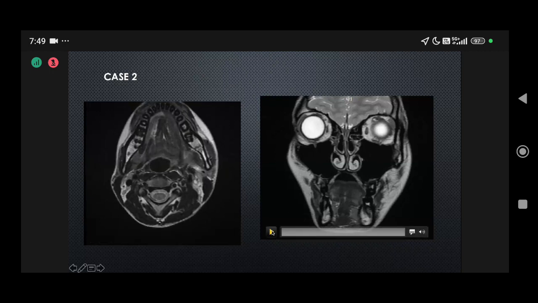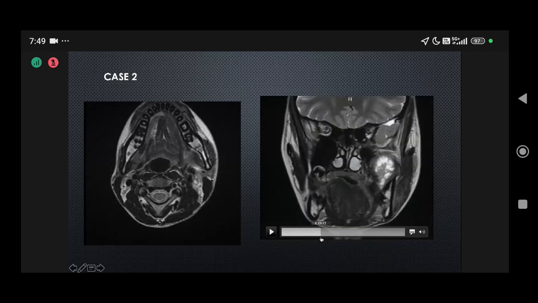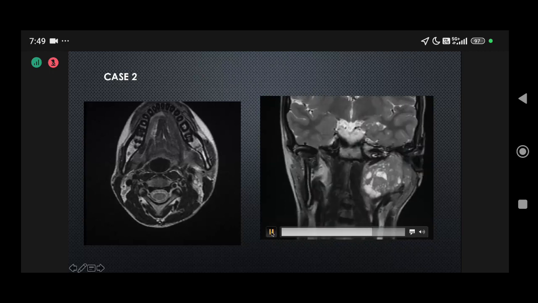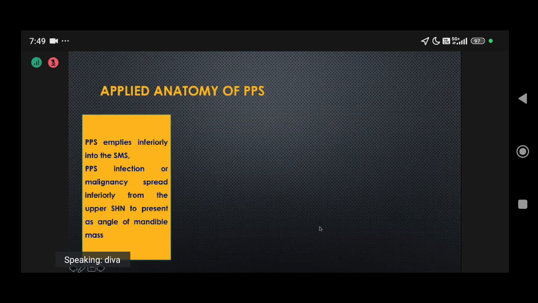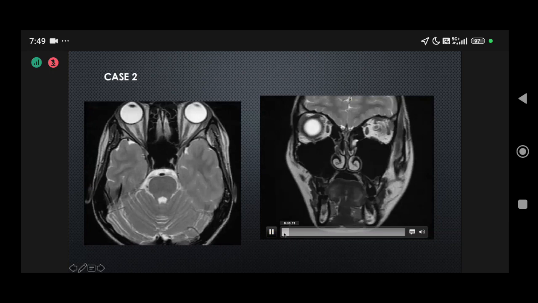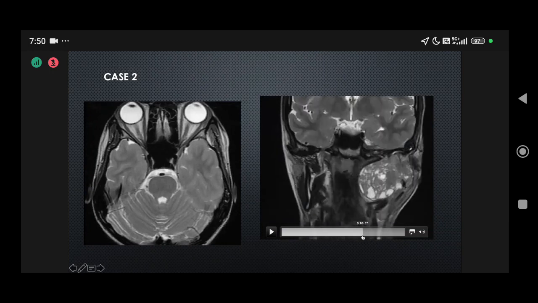And this is the coronal view of the same patient, T2 weighted MRI. We can see the tumor, which is multilobulated but dumbbell shaped. It is extending up to the foramen ovale and causes widening of the foramen ovale.